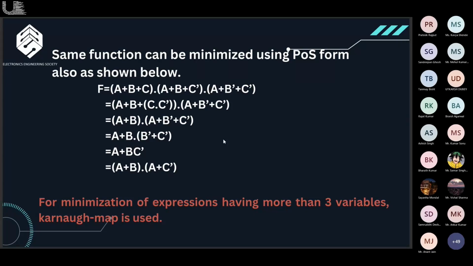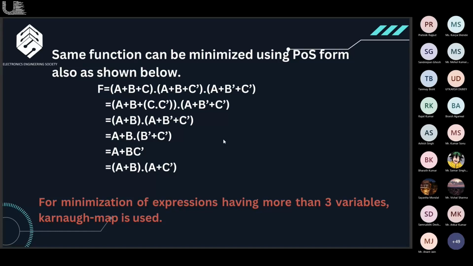Using Boolean laws and Boolean algebra to simplify Boolean expressions may seem easy, and it is easy for systems consisting of 2 variables, 3 variables, and in some cases up to 4 variables.